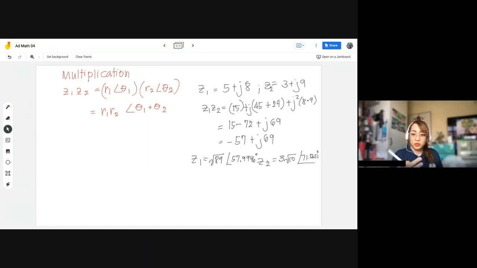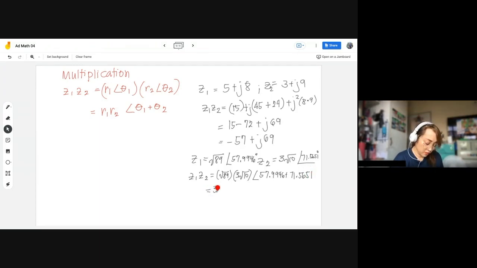So that means we can have the product of Z1 and Z2 as square root of 89 times 3 square root of 10, bar angle 57.9946 plus 71.5651. So that is 3 square root of 890, bar angle 129.5597 degrees.